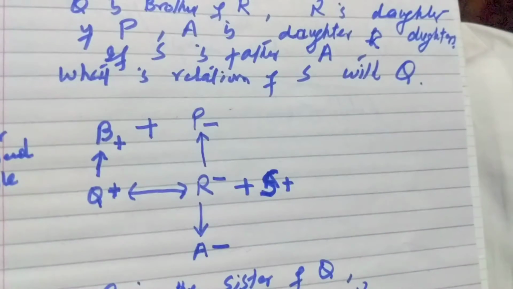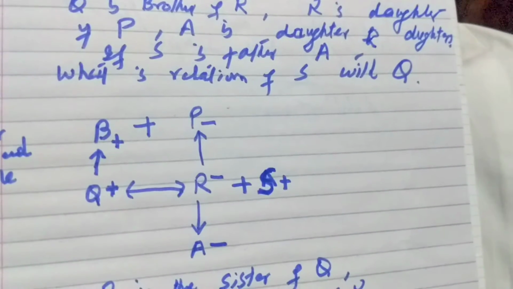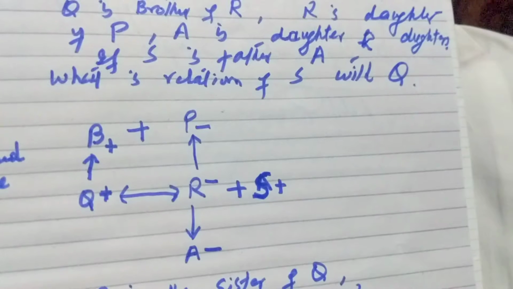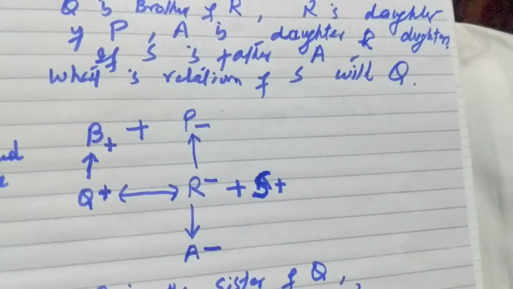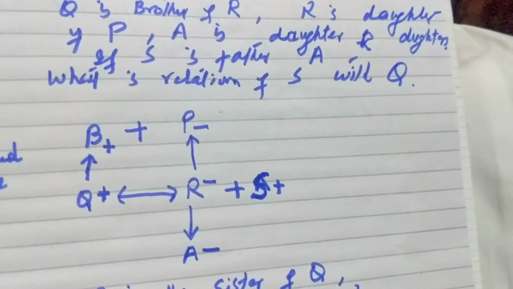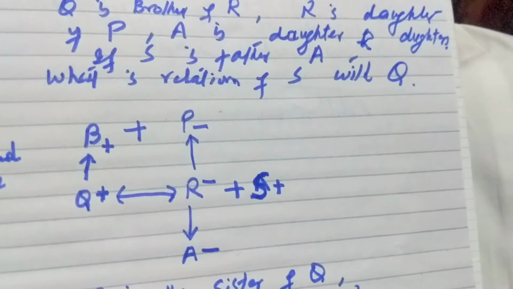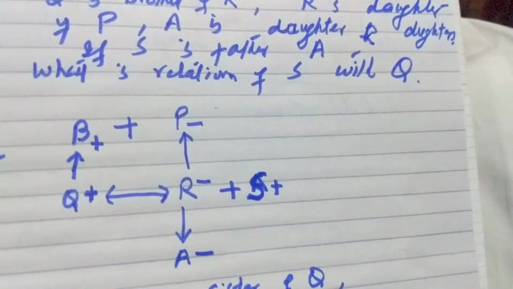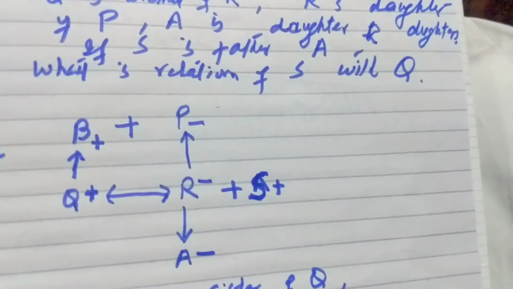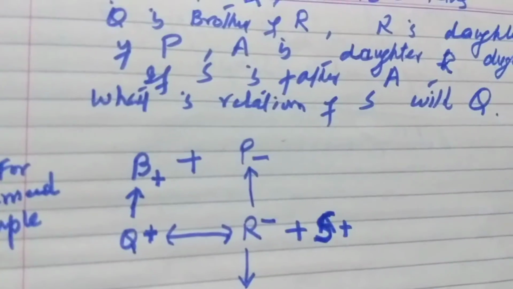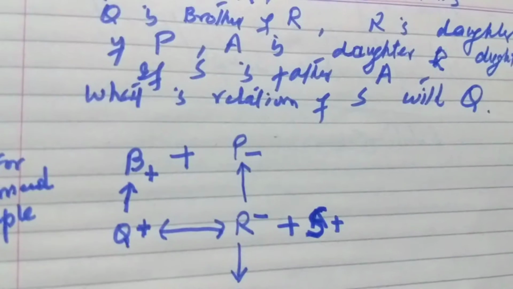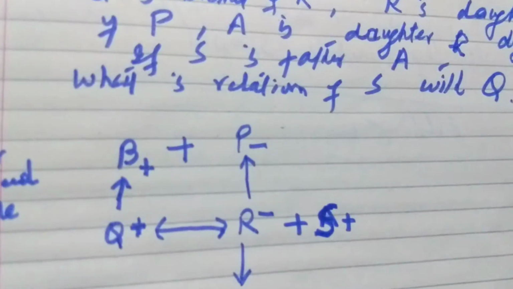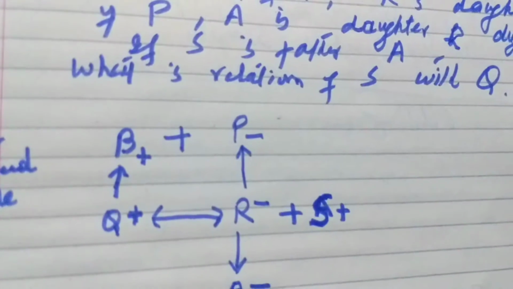Now there is further information that S is father of A, so R and S are a couple. The couple will be shown with positive sign in between R and S, as the B and P are also a couple, shown with the positive sign between them.